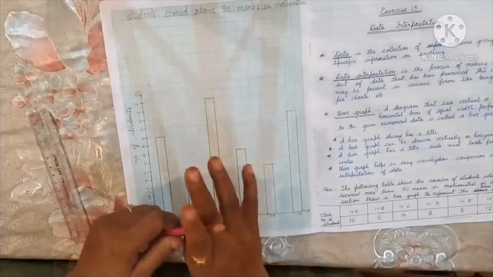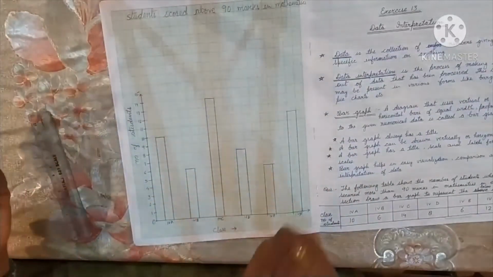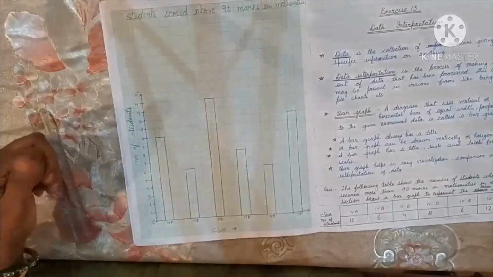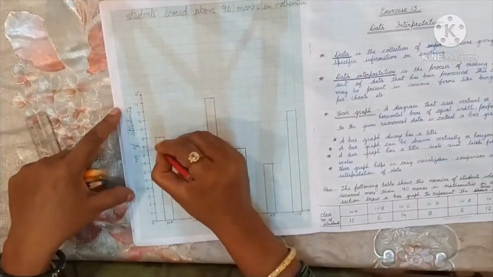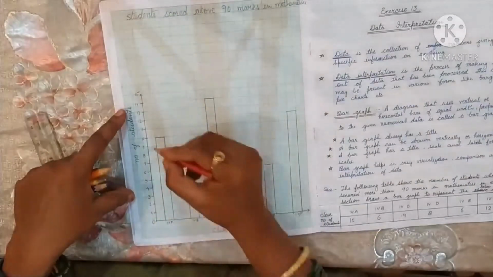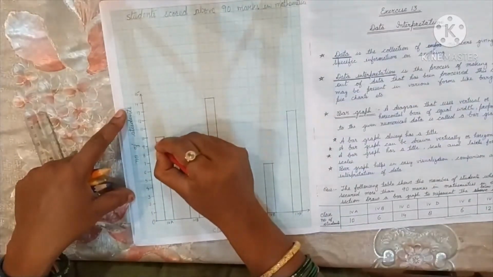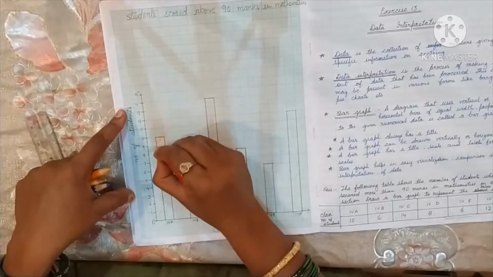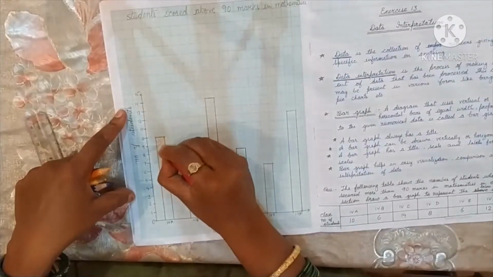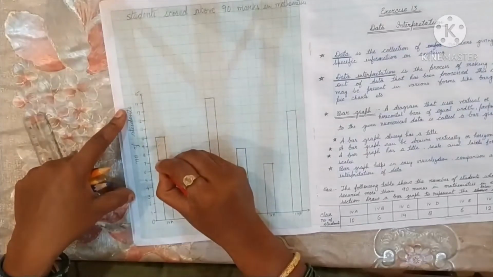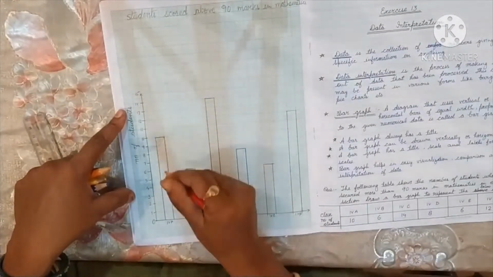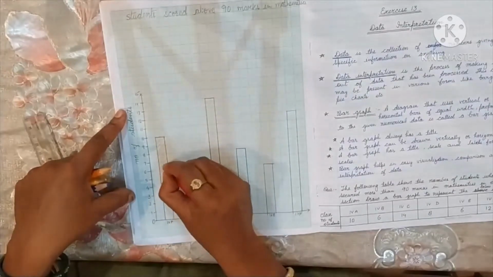Now, if you want to make it colorful or more presentable, you can use color also. Since all are different sections, I can use a different color for each. First, I am taking red color to represent 4th A. And instead of coloring the whole bar, we just draw this line. It is easy also, it will save your time.